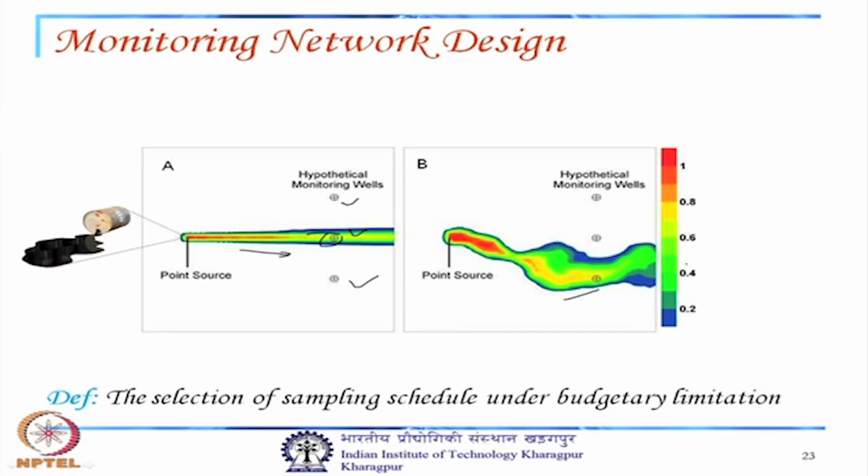So, the selection of sampling schedule under budgetary limitation is one of the most important things. So, a monitoring network is basically about finding out the sampling schedule under cost constraints.